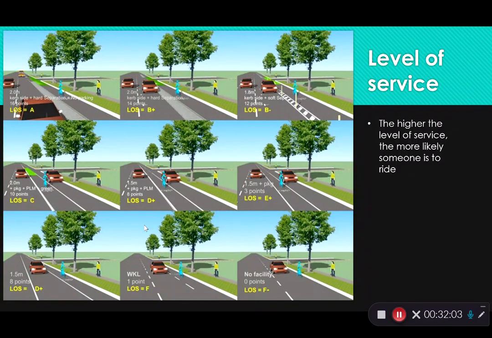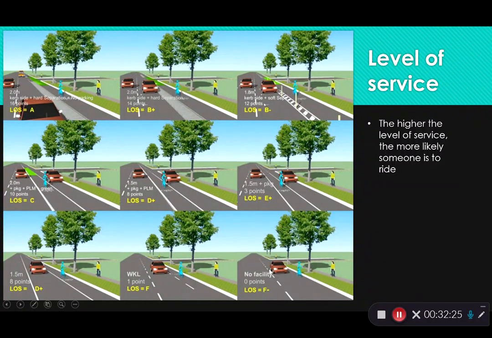But when we apply that to bike and cycling facilities, we can see that a level of service is about the quality of the infrastructure that's available. And so basically, as you improve the facilities, you are going to encourage more people to ride.